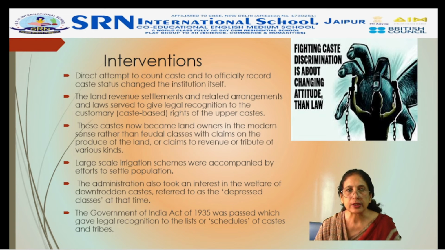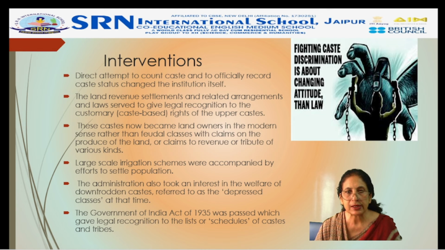The interventions, the direct attempt to count caste and to officially record caste status, changed the institution itself. The land revenue settlements and related arrangements and laws served to give legal recognition to the customary caste-based rights of the upper castes. These castes now became landowners in the modern sense rather than feudal classes with claims on the produce of the land or claims to revenue or tribute of various kinds.